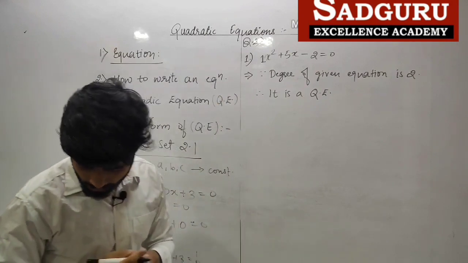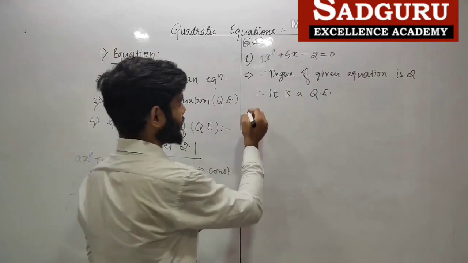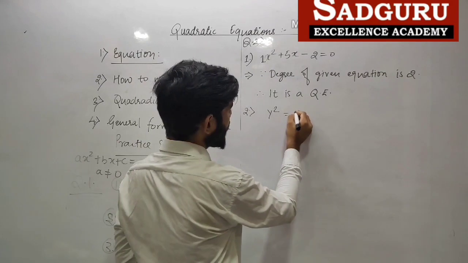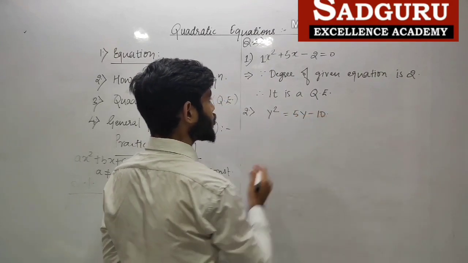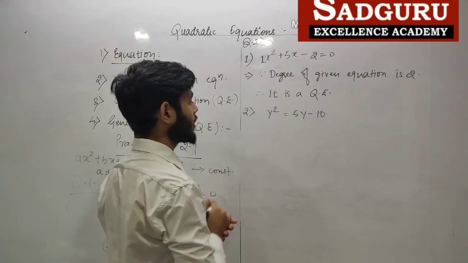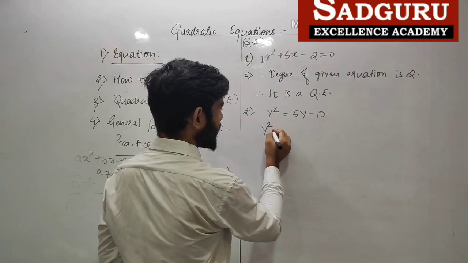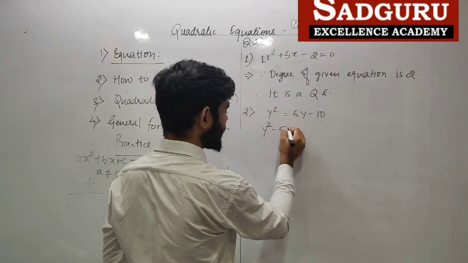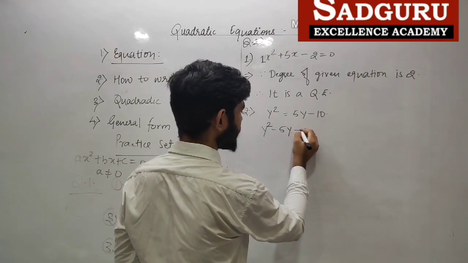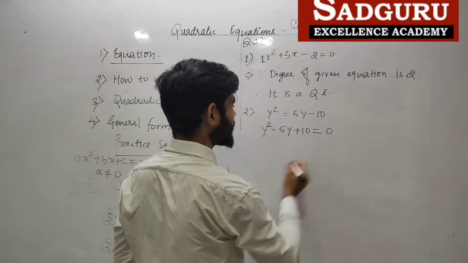Now the second question is y² = 5y − 10. First we will write this equation in the general form of a quadratic equation. So y² should come first, then the term with power 1. So 5y will come to this side and become −5y, and this minus sign will become positive, and on the right-hand side there is nothing left, so it is 0.